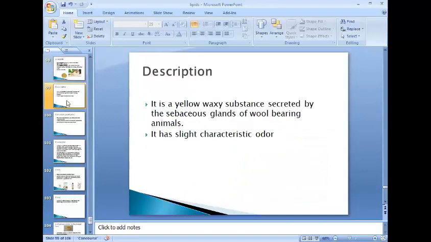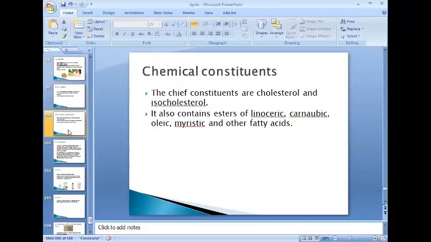It is a yellowish waxy substance which is secreted by the sebaceous glands of wool-bearing animals, and it has a characteristic odor. The chief constituents include cholesterol and isocholesterol. It contains esters of linoleic, carnaubic, oleic, myristic, and other fatty acids.